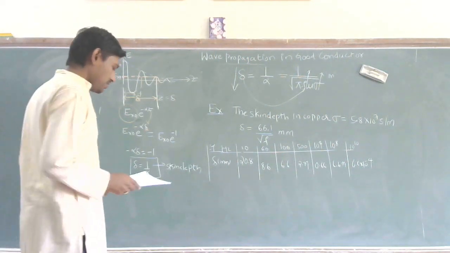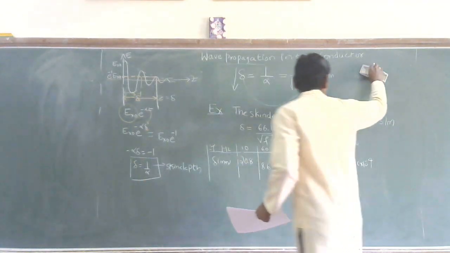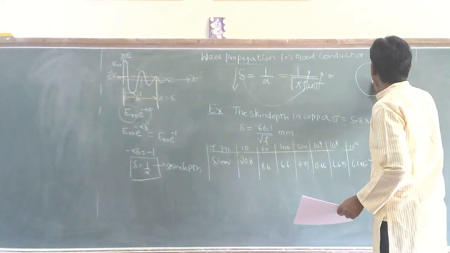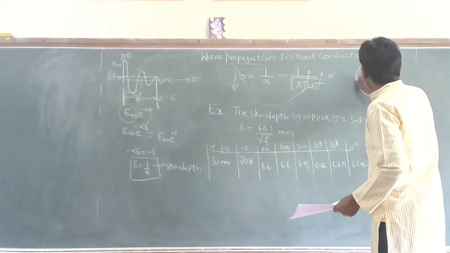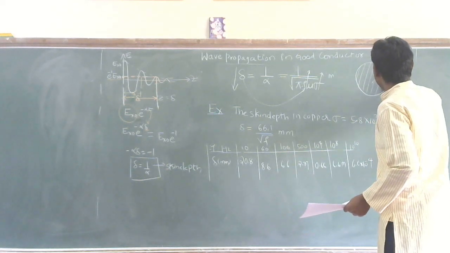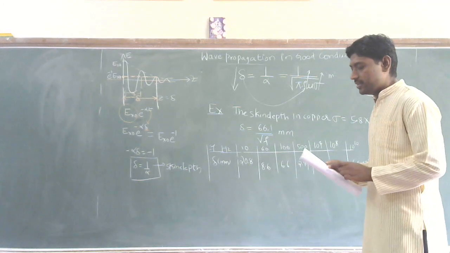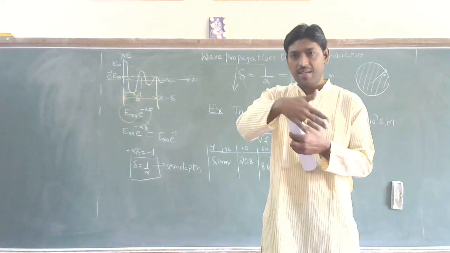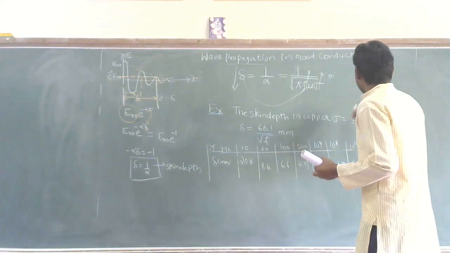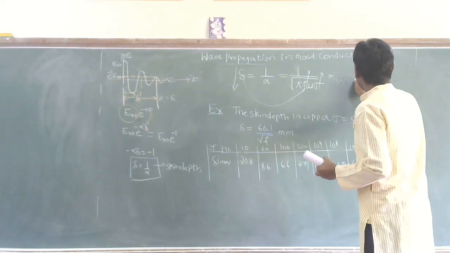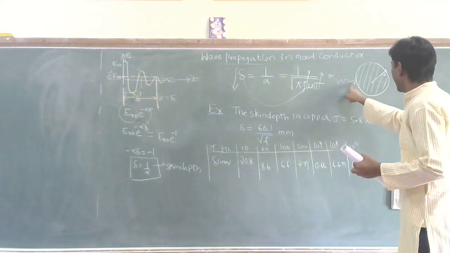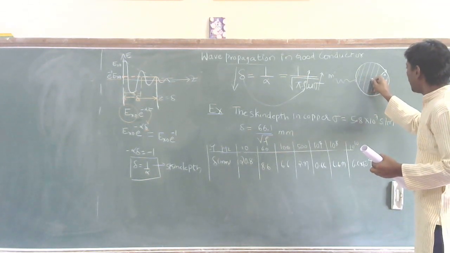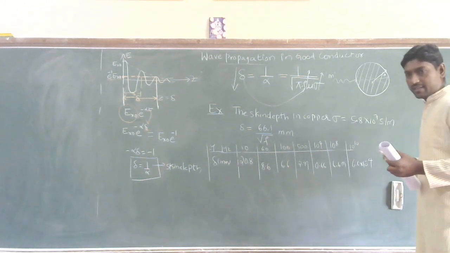So if you have a conductor of radius A, a solid conductor like this, and the electromagnetic wave comes from free space and tries to enter this conducting medium, it will not propagate all throughout the conductor.